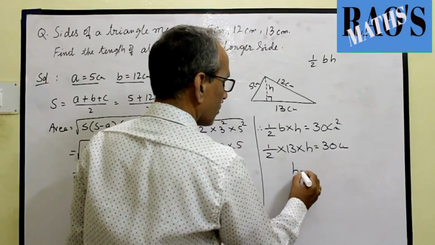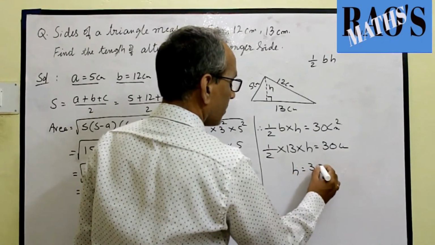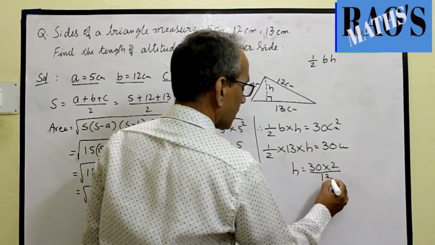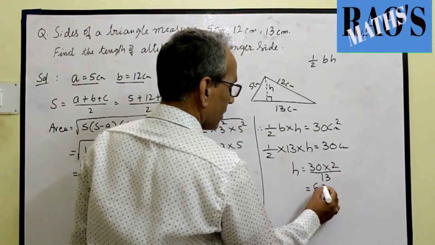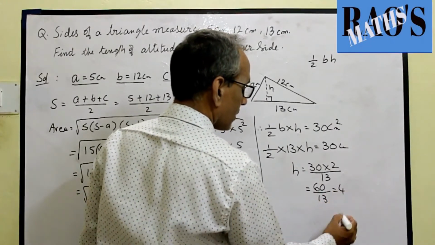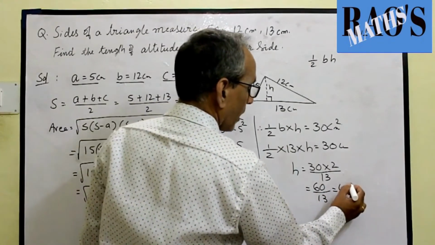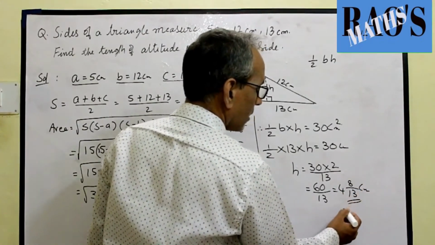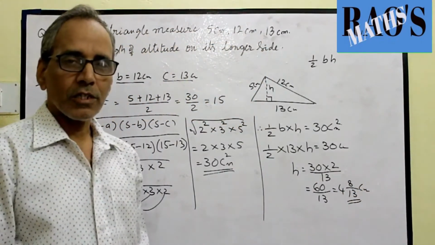So H is equal to 30 into 2 by 13, which is 60 by 13, 13 4s are 52, 8, so 4 and 8 by 13 centimeter.